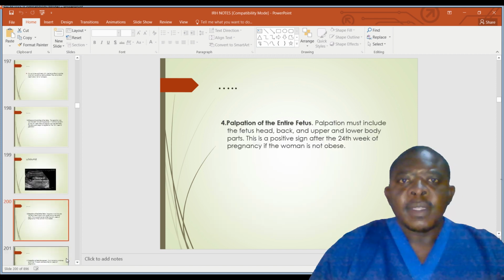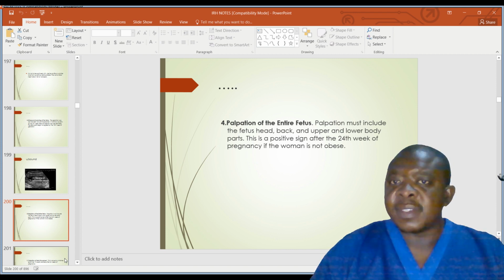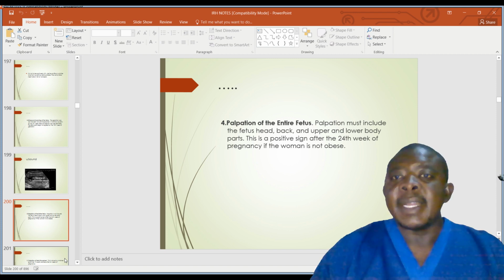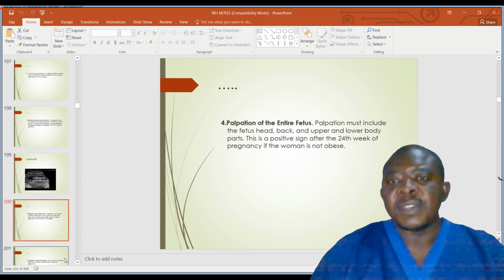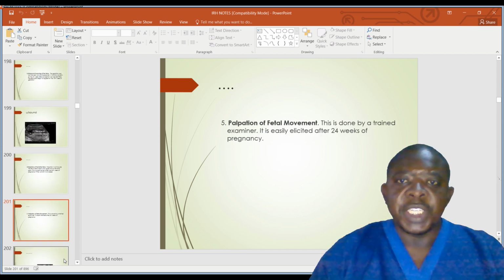The fourth positive sign is palpation of the entire fetus. Palpation must include the fetus head, back, and upper and lower body parts. This is a positive sign after the 24th week of pregnancy if the woman is not obese. Palpation of fetal movement.